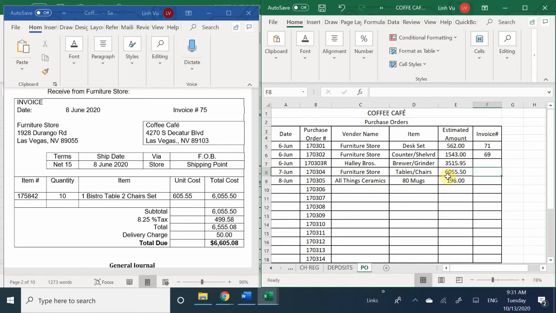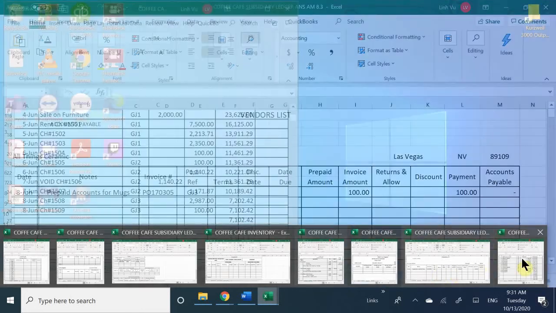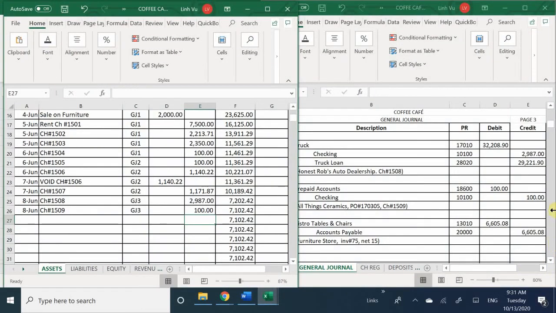Okay, so in this case, I got it, I received it, and it was invoice number 75. Okay. Now let's go ahead and go to our ledger. All right, general journal. So I need my ledger account.